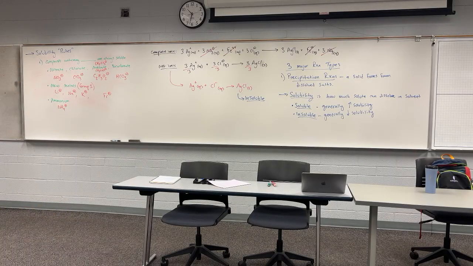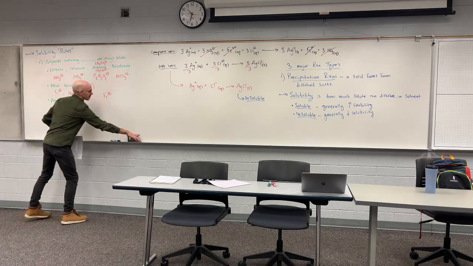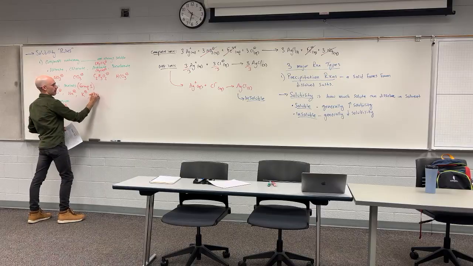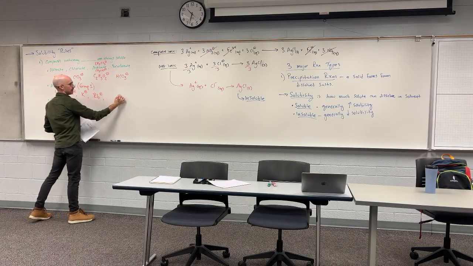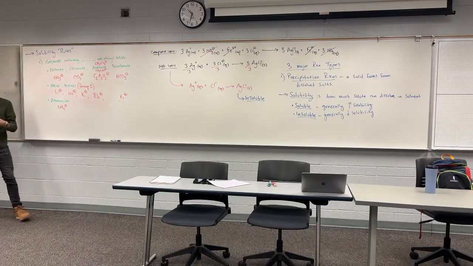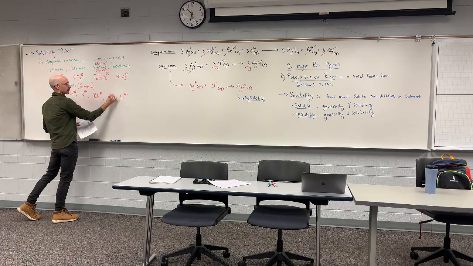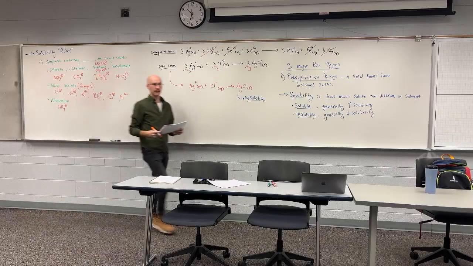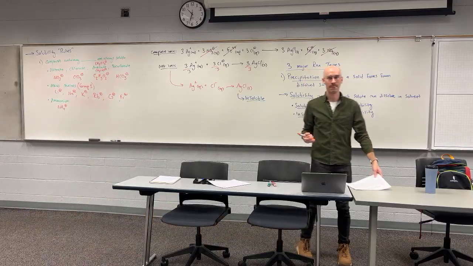Good. Rb plus. I put francium a little too close to potassium. What's my last alkali metal? Cesium, Cs plus. Seem fair? All right.